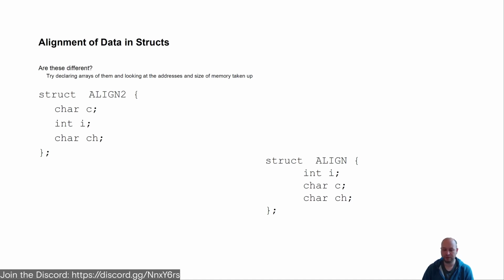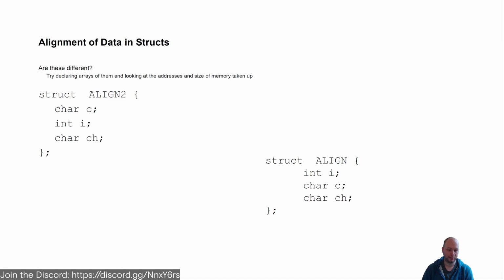In both cases, neither one of these is aligned to the 4-byte boundary that we wanted to hit. You can imagine there's an invisible line that we have to draw somewhere. Say we're on a 4-byte architecture.